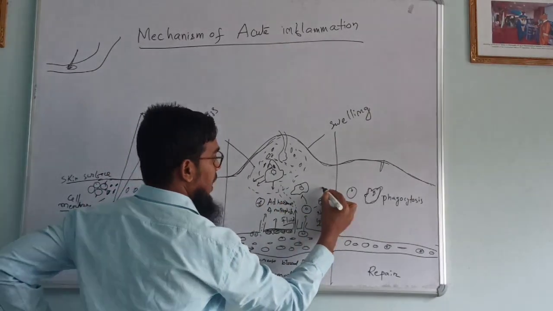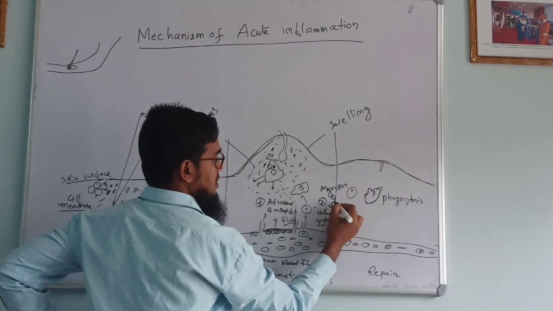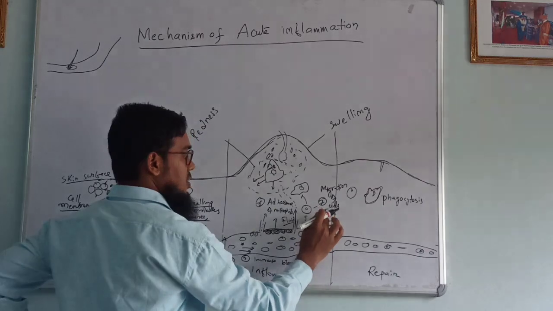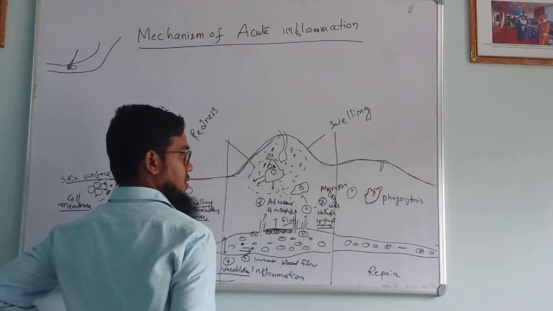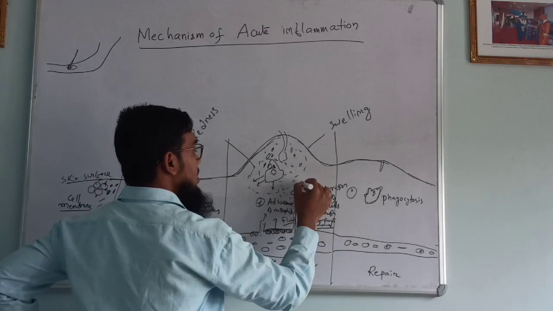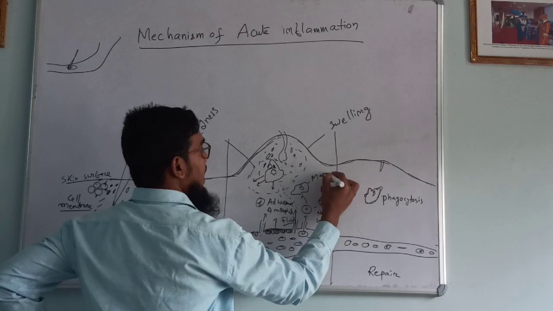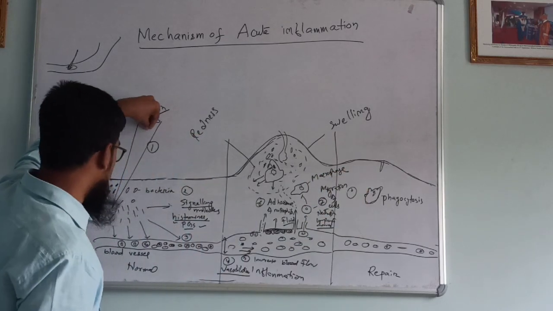Seventh is the migration of cells, mainly neutrophils, lymphocytes, and mainly monocytes. And the monocyte which is present in the tissue is called a macrophage.